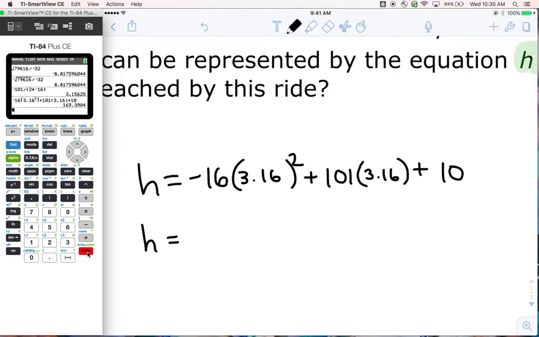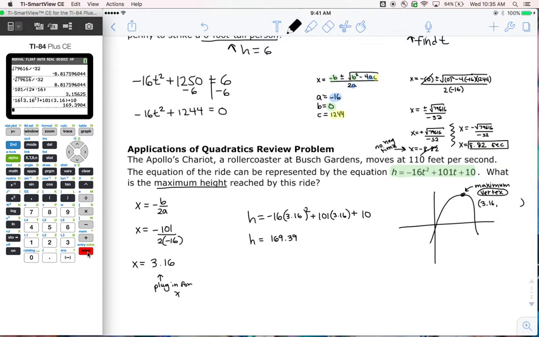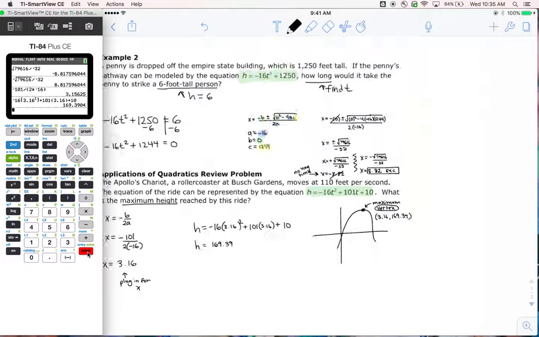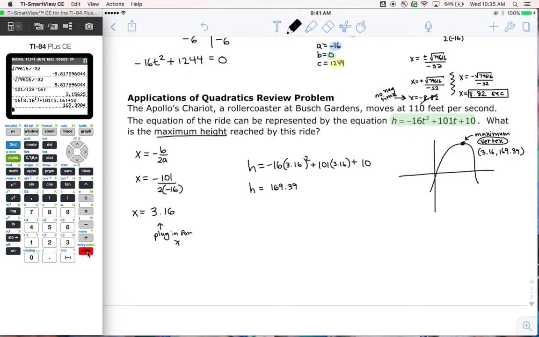And we get 169.39. So our maximum height reached by this ride is 169.39. Again, y'all, this was kind of an old topic, finding the minimum or the maximum, but we definitely need to remember how to do that. So 169.39 feet high. Okay?